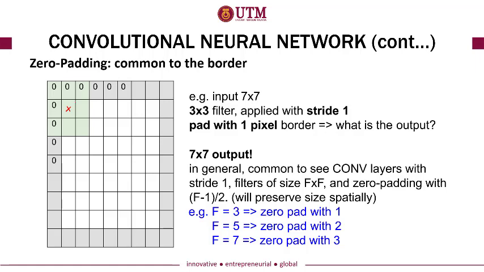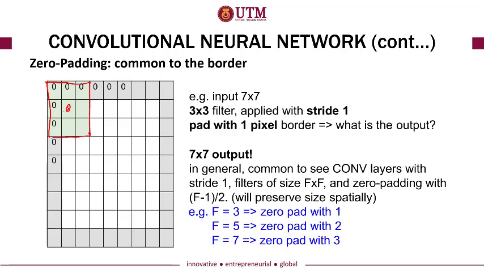So if you apply the 3 times 3 filter size, then you must enlarge your input size with 1 pixel line. That is the only way that you can make it start at this position.